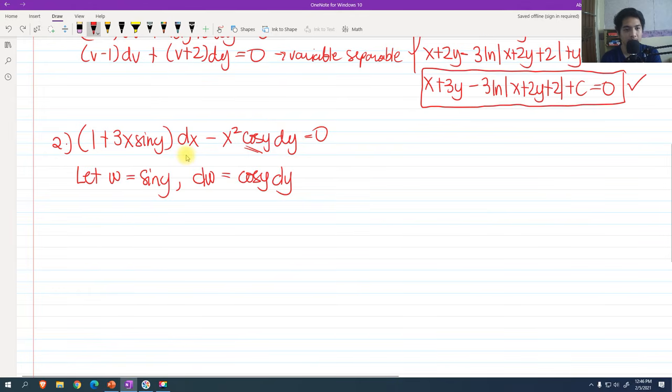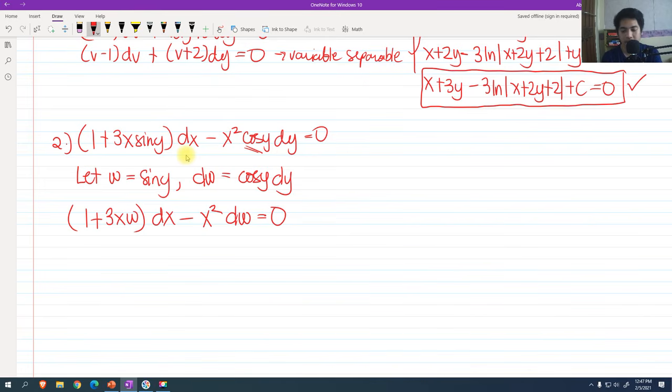So now we have (1 plus 3xw) dx, and then minus x squared, cosine y dy would be dw, equals 0.